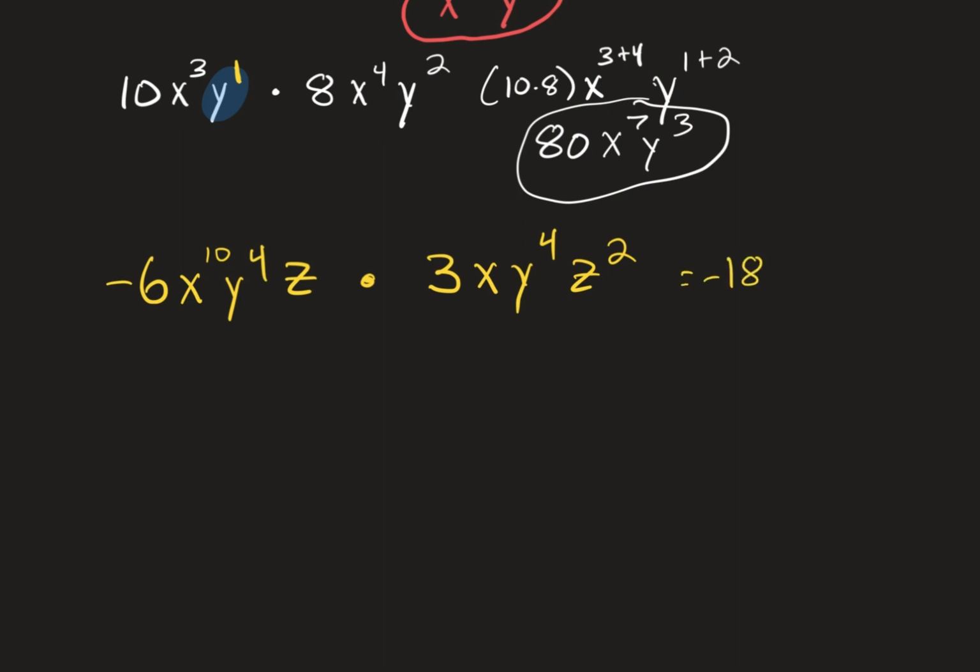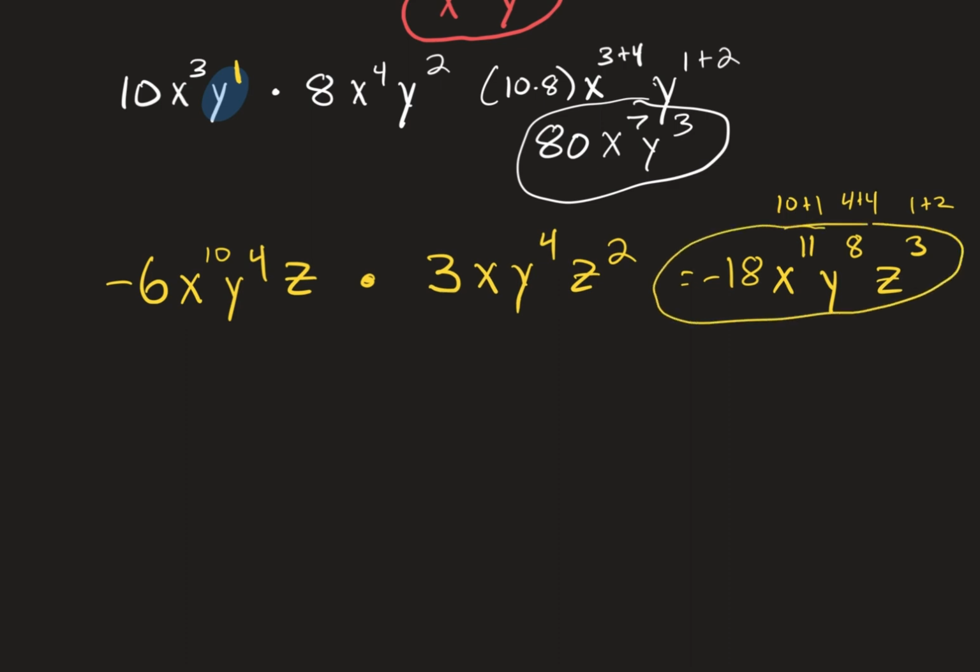Negative 18. Now, as far as what you have to show, I'm assuming you can add 10 plus 1, right? How many x's do you have? There's 11 of them. You have 10 in the first term and 1 in the second term. How many y's do we have? 8. 4 in the first term, 4 in the second term. How many z's do we have? 3. 1 in the first term, 2 in the second term. That's your solution.